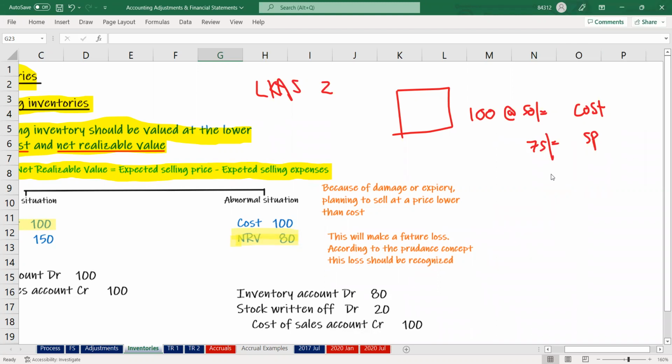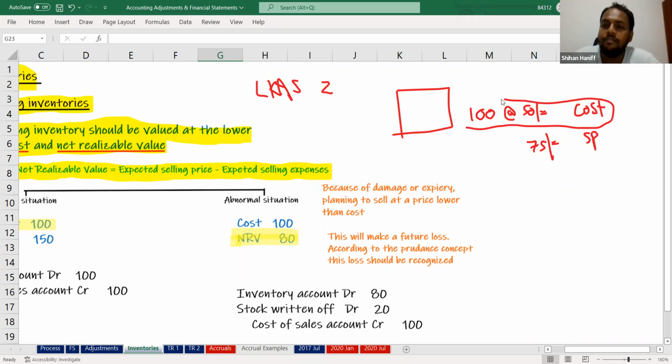25. Great. So now you know that milk packets have an expiry date, right? Let's say the expiry date is today. Today, all the milk packets will expire.